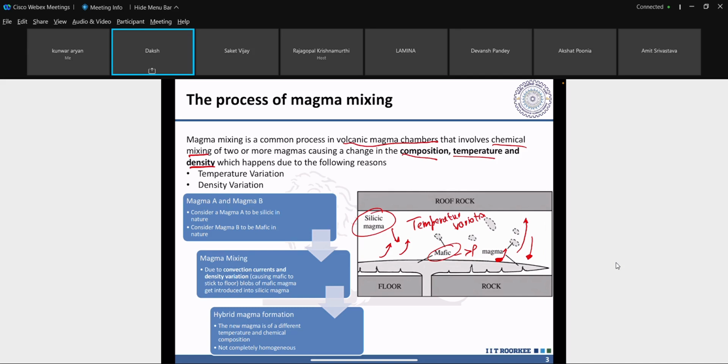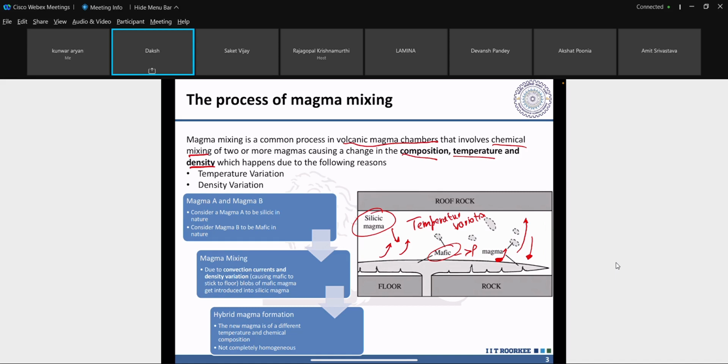So, moving on with the process, magma A and magma B. Magma A is what we have called silicic magma, and magma B is the mafic magma. Due to convection currents and density variation causing mafic magma to stick on the floor, certain small blebs of minerals start going above and mixing with silicic magma.